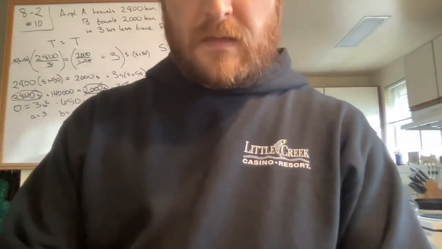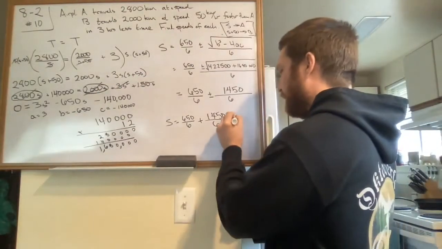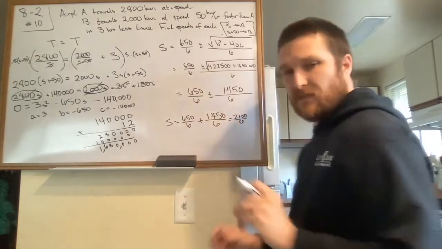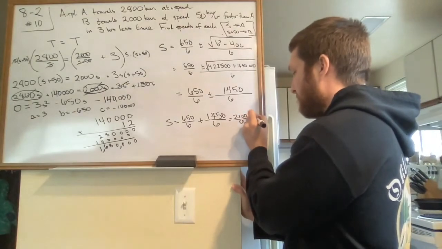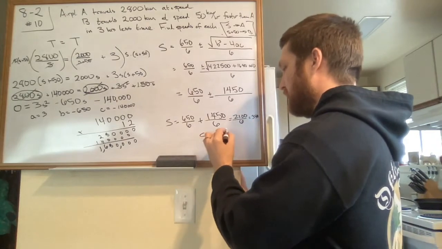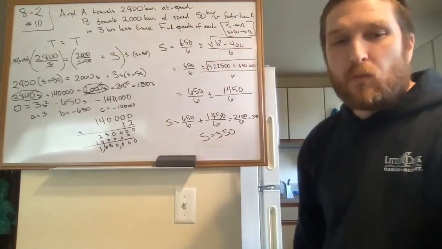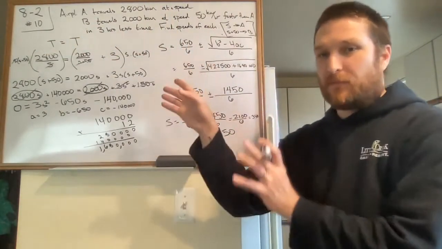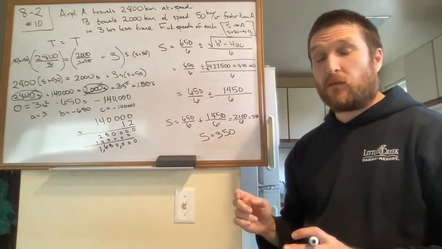1450 plus 650 is 2100 over 6. It's 350. So our speed of plane A, and this is why I would have wanted this up on the board, because I get down to this point after all of this crazy stuff and I go, wait, what?